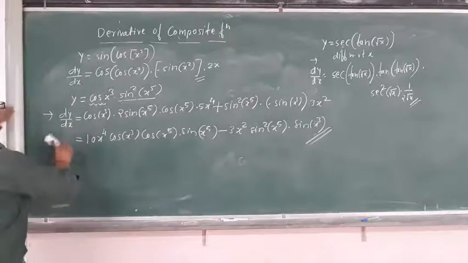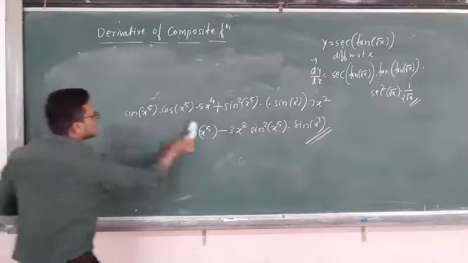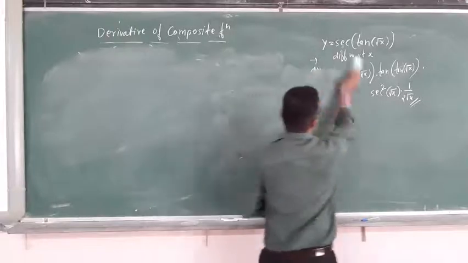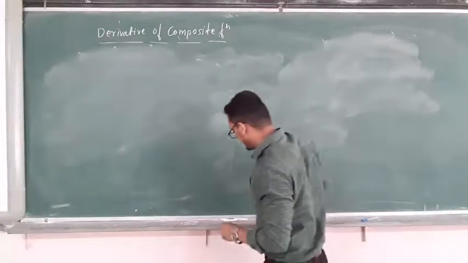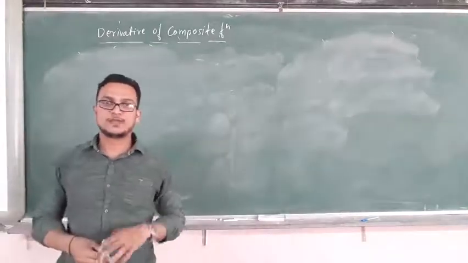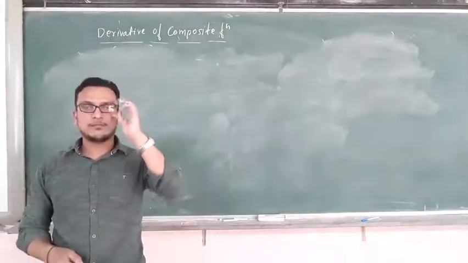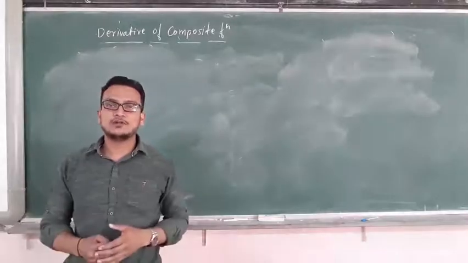Let us take one more question. In this example, I am going to use the quotient rule. What does the quotient rule say? Denominator squared, then denominator constant into the derivative of numerator, minus numerator constant into the derivative of denominator.